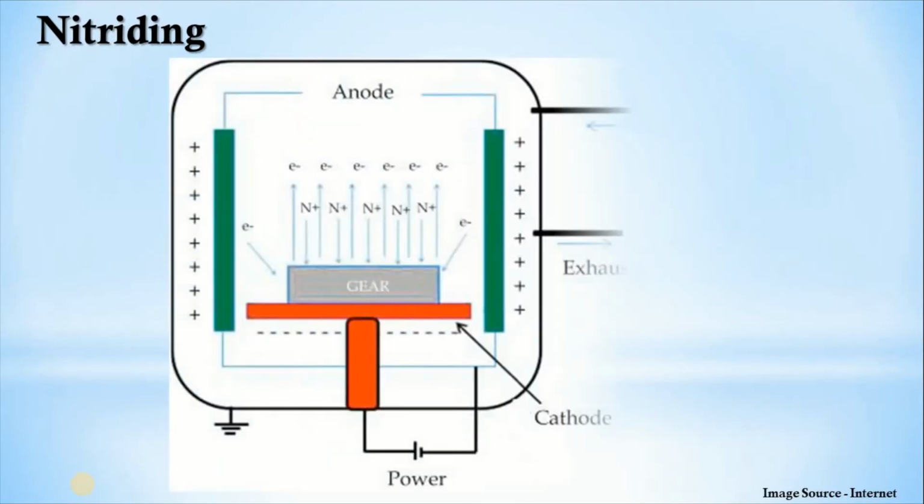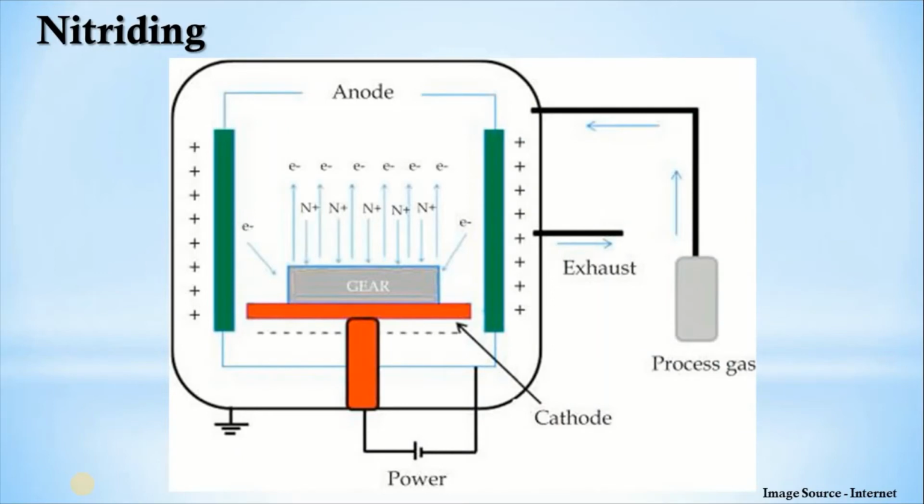The second case hardening process is nitriding. It is a heat treatment process that diffuses nitrogen into the surface of metal to create a case hardened surface. These processes are most commonly used on high carbon low alloy steels. We can see the nitrogen is diffused onto the surface of that gear, and there we get the case hardened surface on the gear.